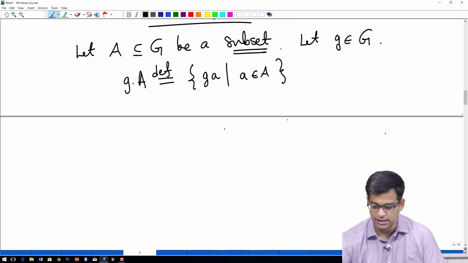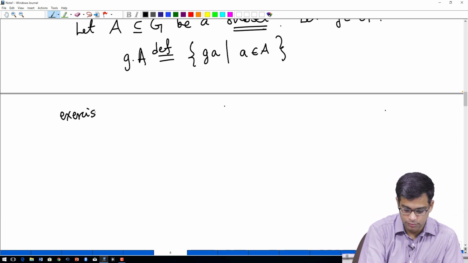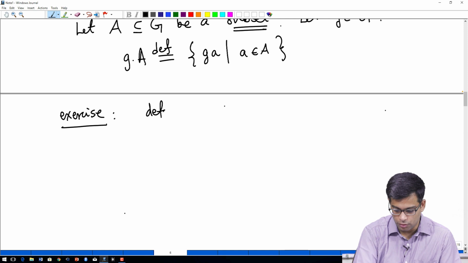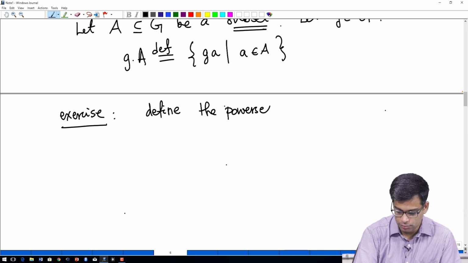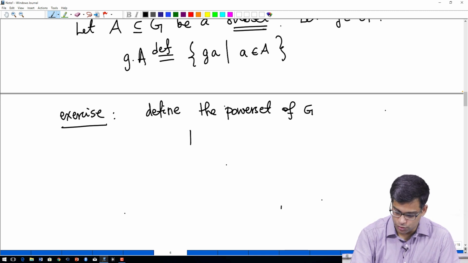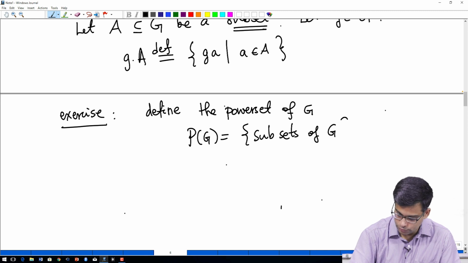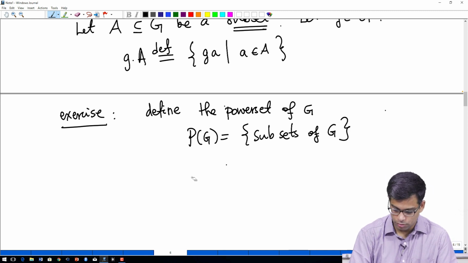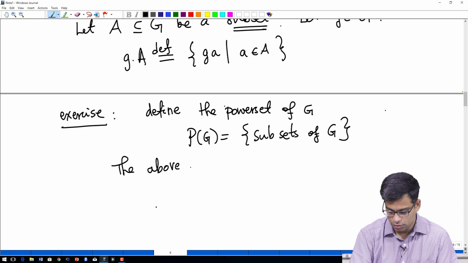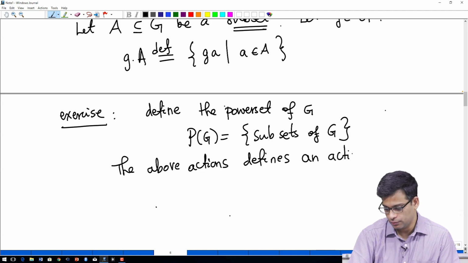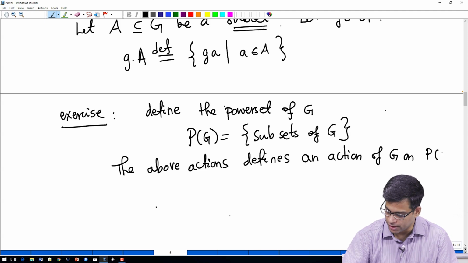I will leave it as an exercise for you, and this is a very easy exercise. If you recall or define the power set of G, P(G) is the set of all subsets of G. So, the above action, what I defined earlier, defines an action of G on the power set.